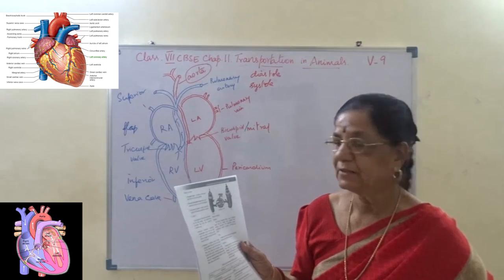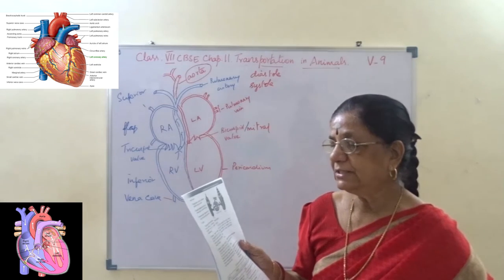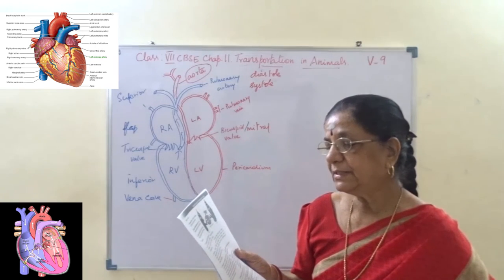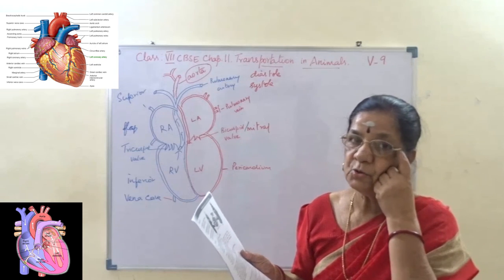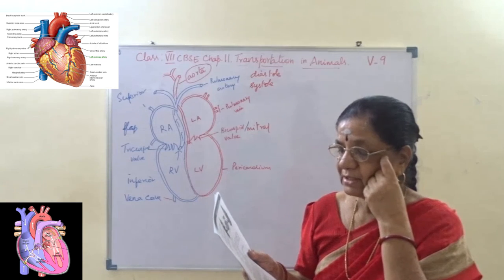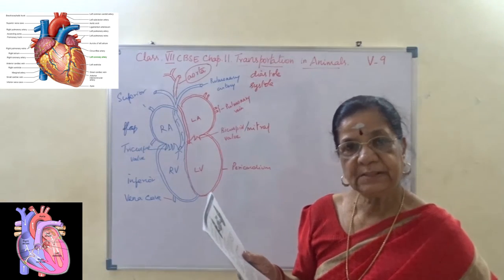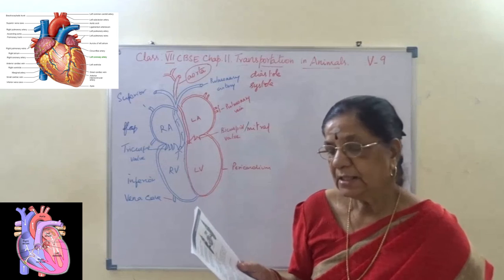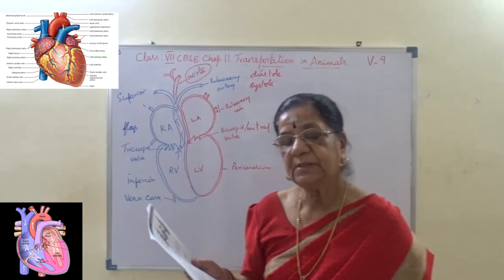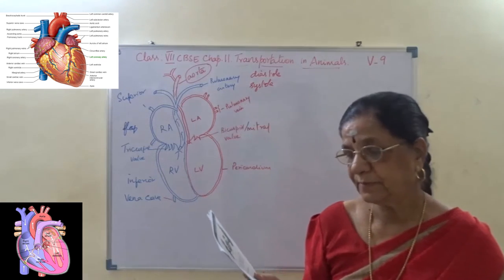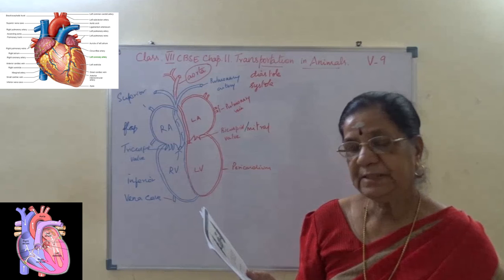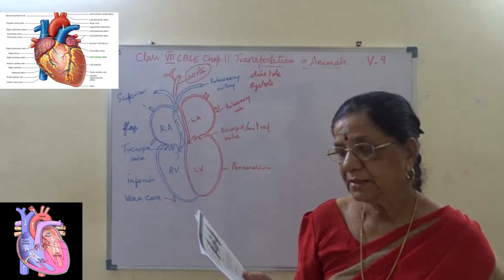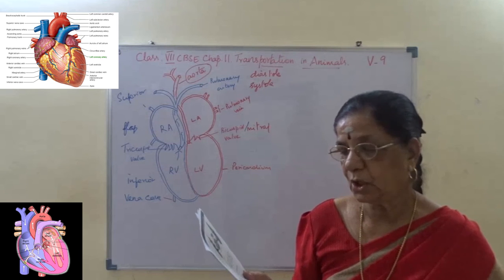I hope you understand. Then circulation. The circulation of blood can be divided into two main loops: pulmonary circulation and systemic circulation. Pulmonary circulation transports deoxygenated blood from the right side of the heart to where blood picks up oxygen and returns to the left side of the heart.